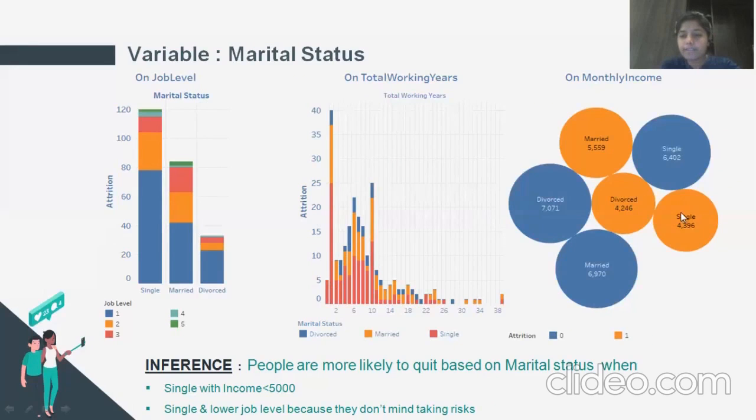Here we can see that monthly income for single, divorced, and married employees is less when compared to the people who tend to work in the company. From these inferences, we can say singles are the major contributor towards attrition at lower job levels, and they might likely quit at 1 year of their work experience due to their lower monthly income.